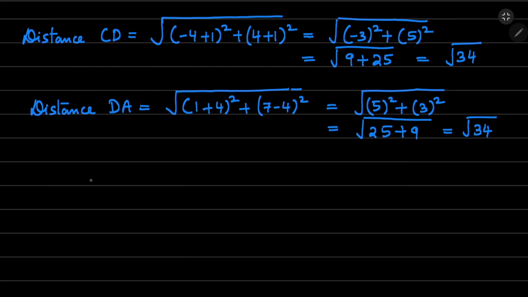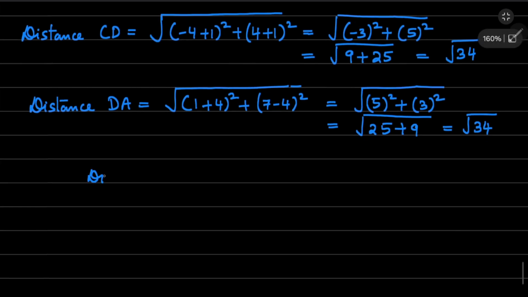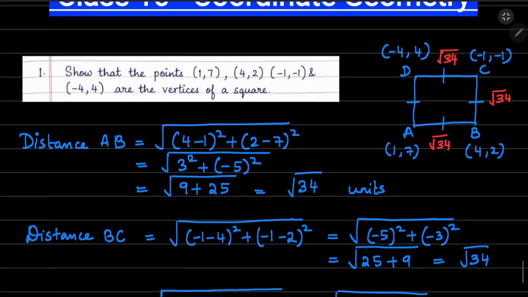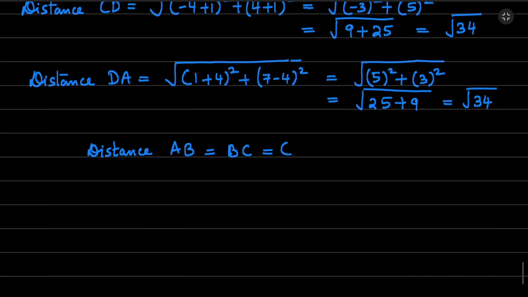Okay, so what do you see? We see that the distance AB is equal to BC equal to CD equal to DA is equal to root of 34 units.